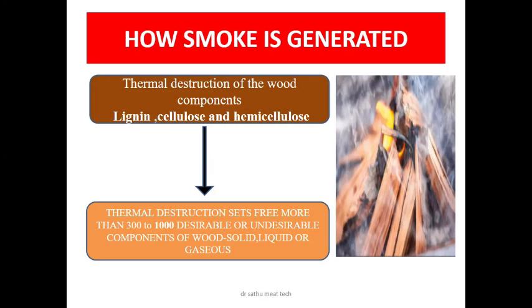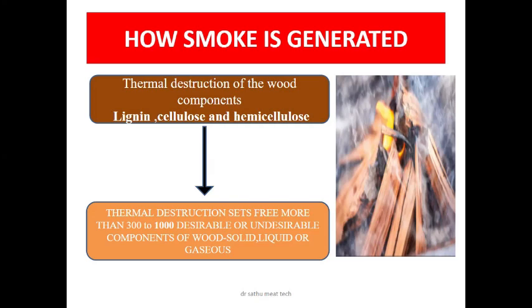Because of the thermal decomposition, many components are released from the hemicellulose, cellulose, and lignin. A smoke normally will contain around 300 to 1000 different components. Out of these, some are useful and some are harmful for humans.